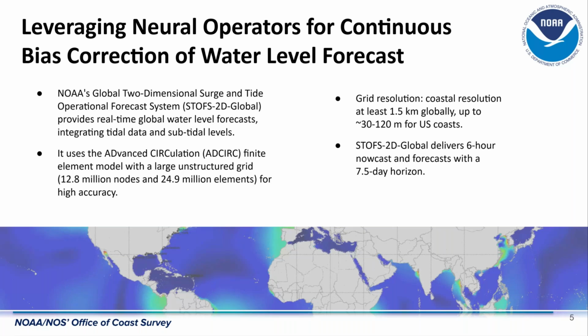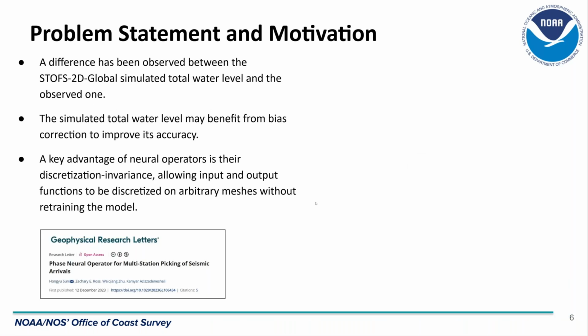While this is one of the best available global products, when we compare the water level at some observational stations with the recorded water level, we can see that there is a difference between the simulated total water level and the observed one. The reason is that the total water level is a result of many coastal and water processes, and considering all of those processes requires a lot of computational resources and coupling many systems, which is not feasible.